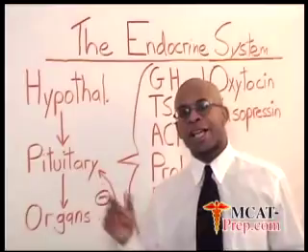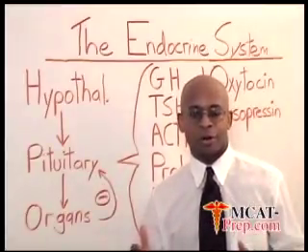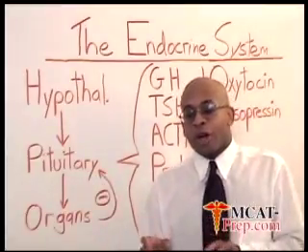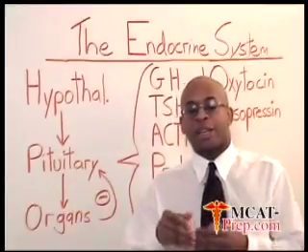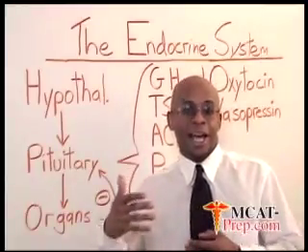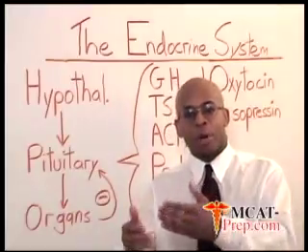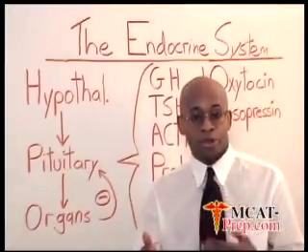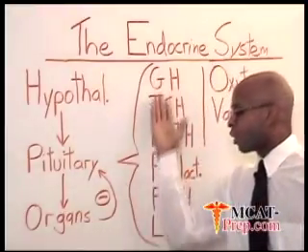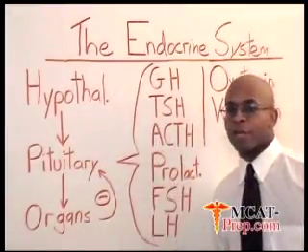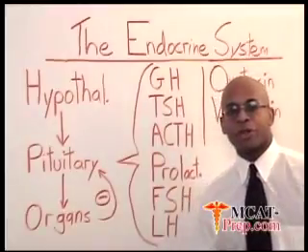So the pituitary gland secretes a bunch of different hormones. First of all, it is divided into two parts. There is a part of the pituitary gland towards the front that is anterior, and part towards the back which is posterior. The anterior pituitary gland secretes all these hormones. So let's examine each of these hormones.